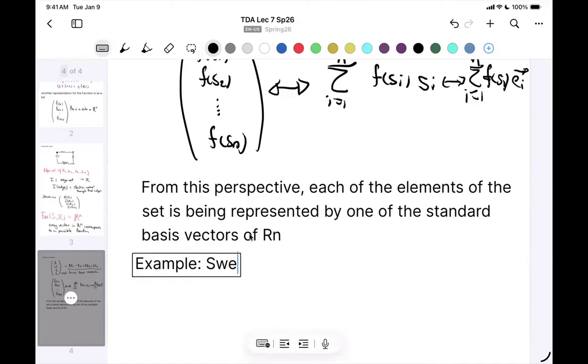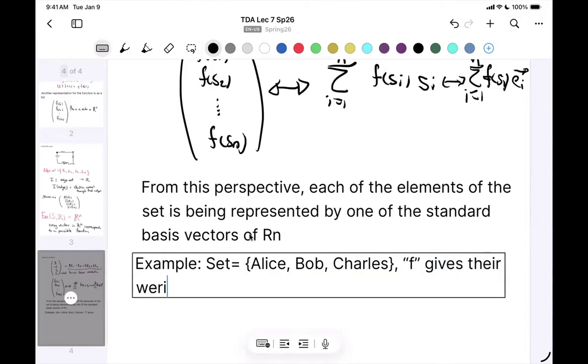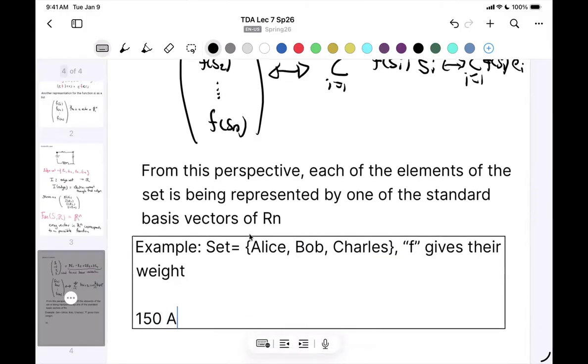If the set had been Alice, Bob, and Charles, and the function f gives their weight, then something like 150 Alice, 176 Bob, 160 Charles, the point is that you just read that as, the weight of Alice is 150 pounds or whatever, and Bob's weight is 176.